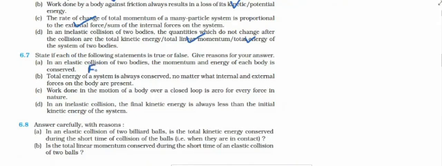Why false? You are studying elastic collision. Momentum and kinetic energy, total energy, etc. are conserved. But if you have two bodies, M1 and M2, they undergo collision, and after the collision again they continue to travel.